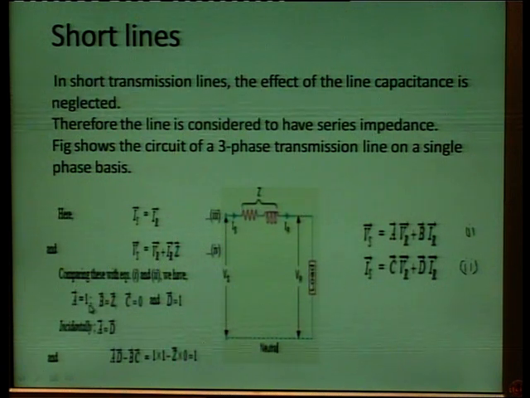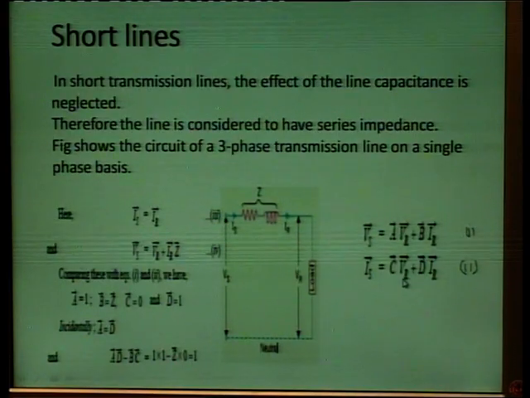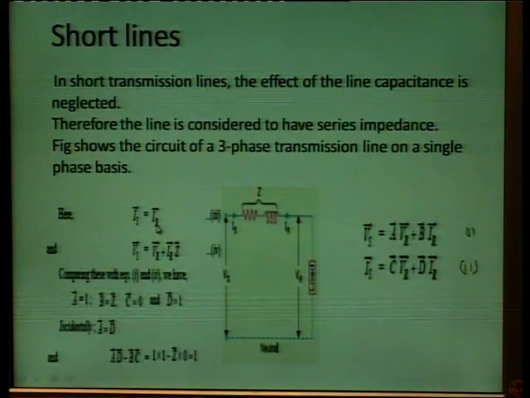So we can say that the value of A is 1 and the constant B is equal to Z. Similarly, in the equation Is is equal to CVR plus DIR, the VR term is not there, so C is 0, and the DIR term is in terms of IR, so D is 1.